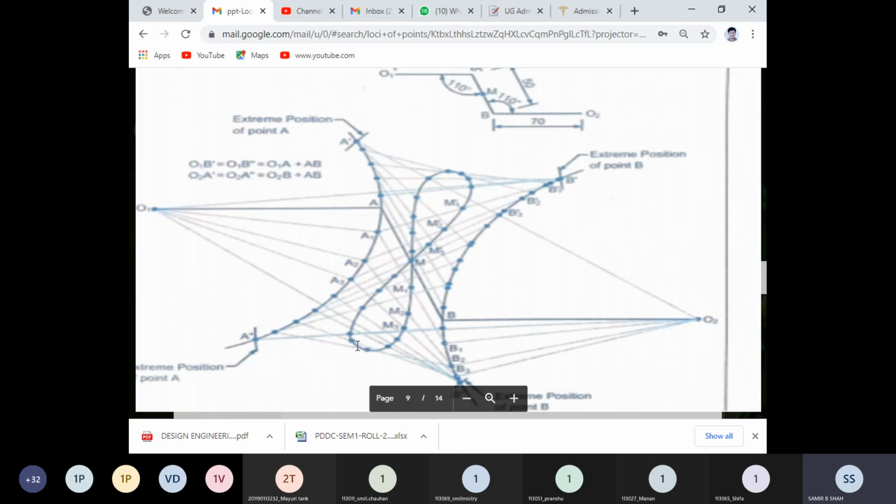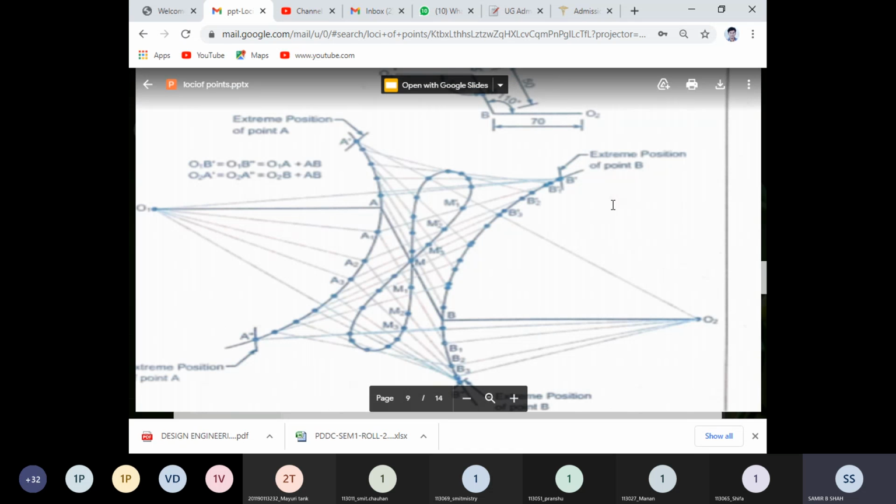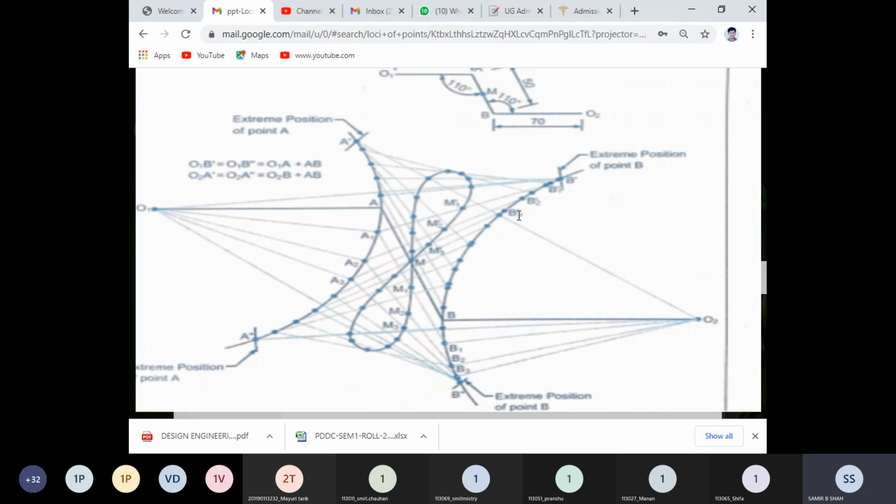It may be M1 dash, M2 dash, M3 dash, and in the same way when you join with these points in the upper portion of the B area, where we consider O2 up to B dash, which is B3 dash, B2 dash and B1 dash, the midpoints are considered as M1 dash, M2 dash and M3 dash.